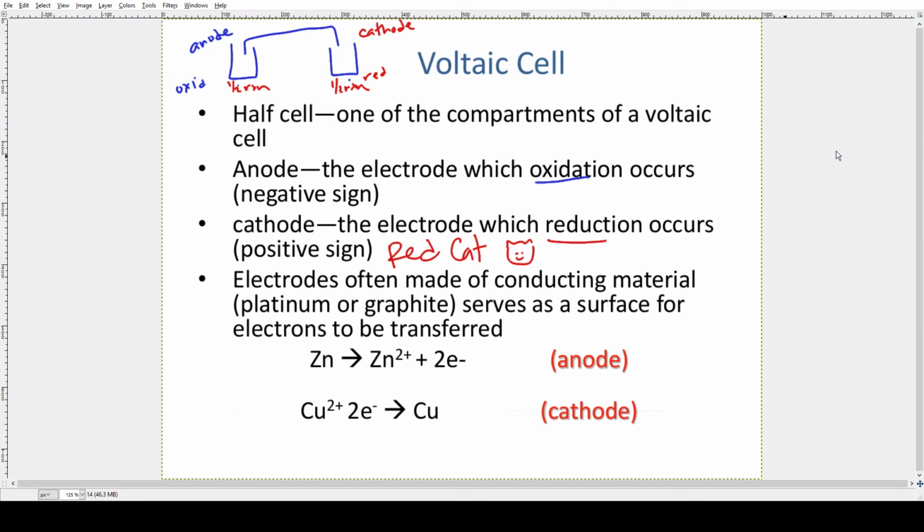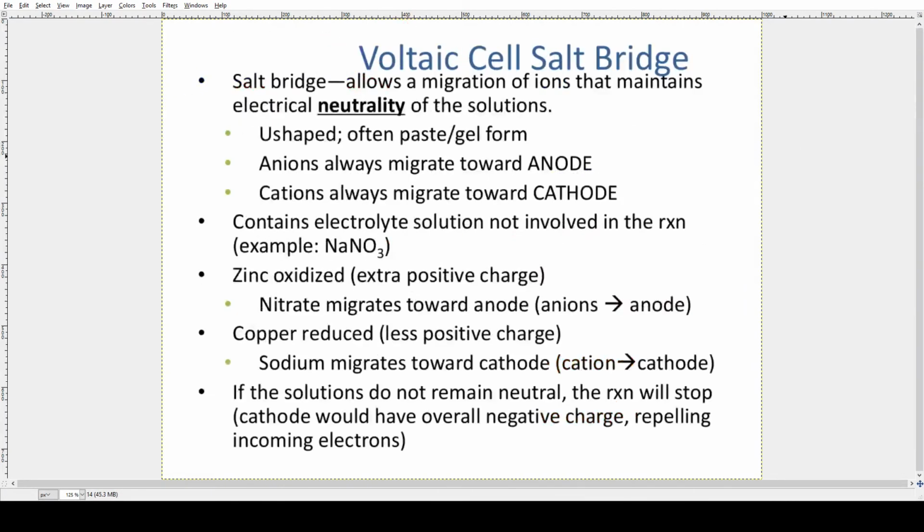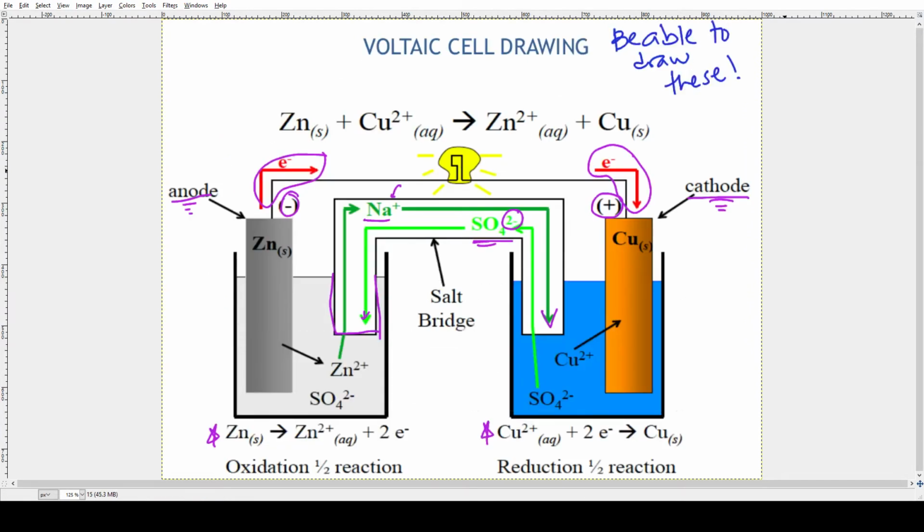And then you might have heard me mention the phrase salt bridge, just like 30 seconds ago. Let's talk about that. The salt bridge allows the migration of ions that maintains electrical neutrality of the solutions. So let's go back. Electrical neutrality.